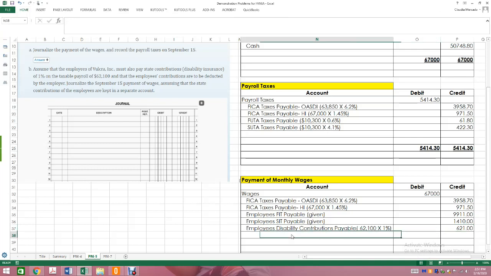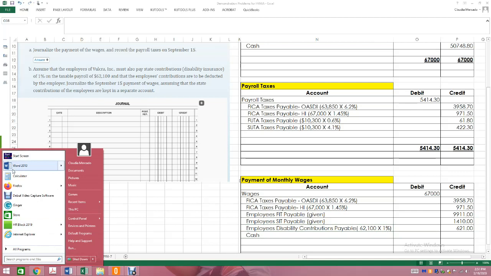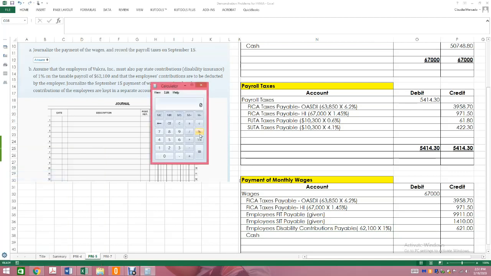Now we need to figure out how much cash I am going to pay my employees. Well, I know that my employees earn $67,000 in wages.